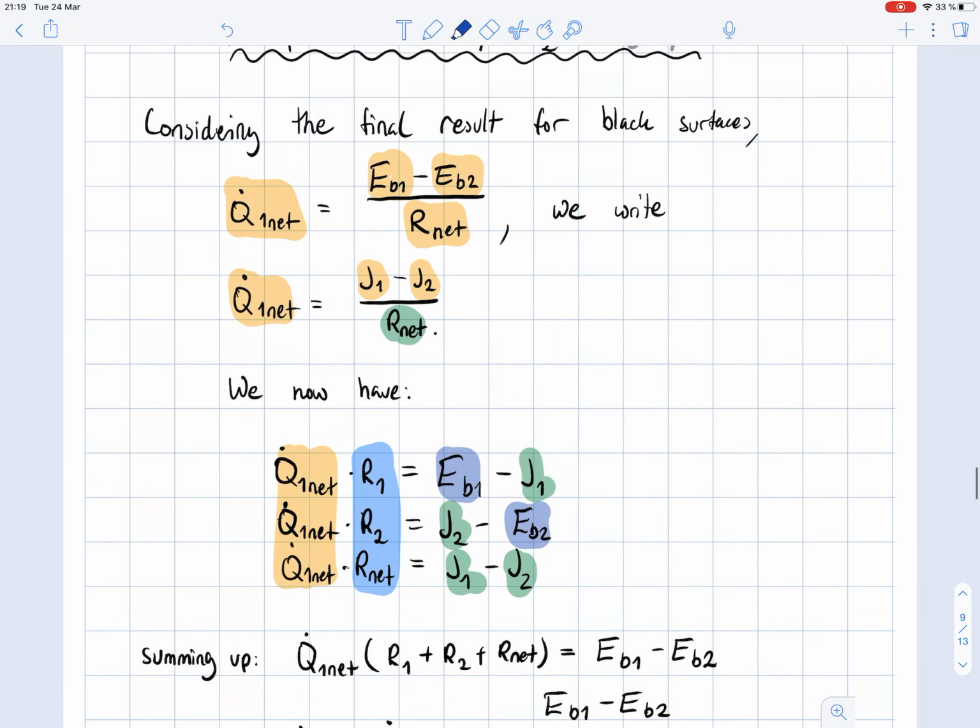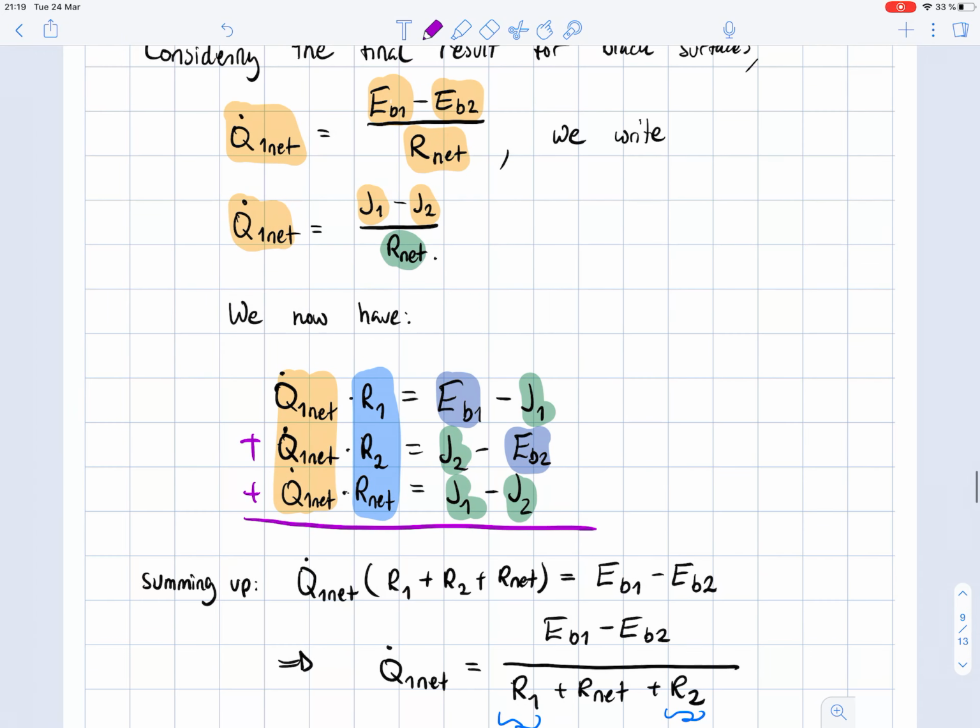What is interesting to note is that if you sum all of these, the radiosities will cancel, and you get the following expression. Q1 net multiplied with a sum of resistances, R1 plus R2 plus this R net, equals the difference in the blackbody emissive power.